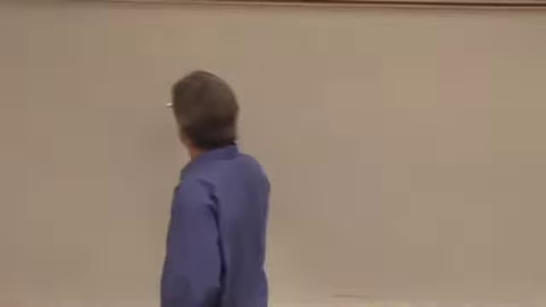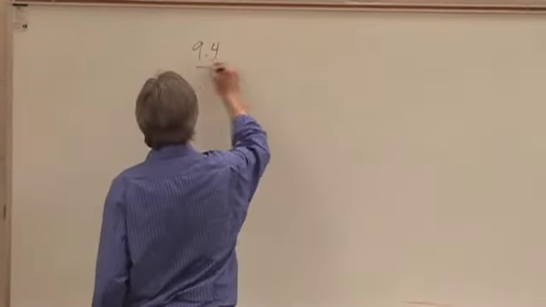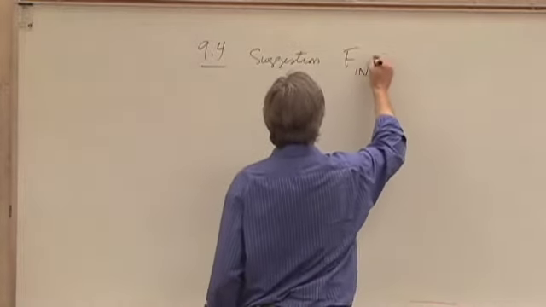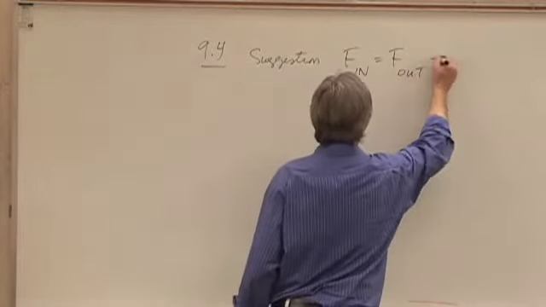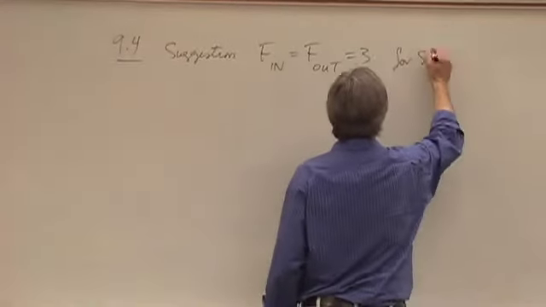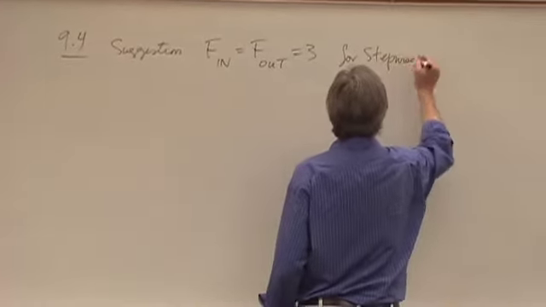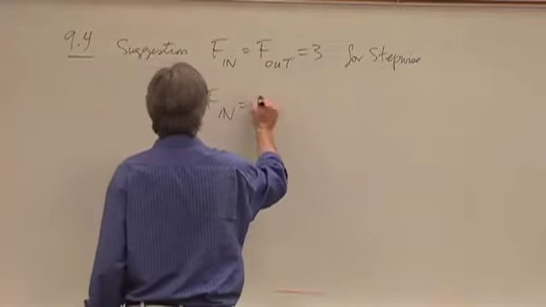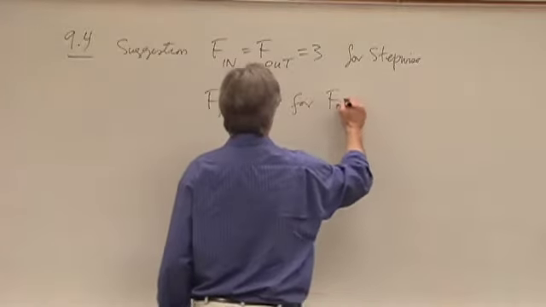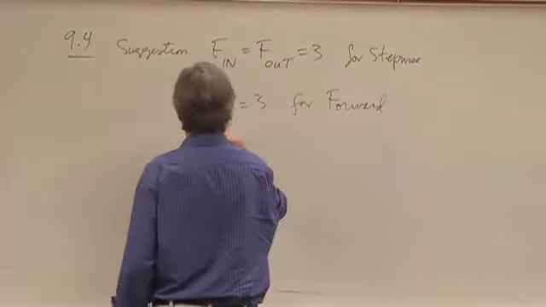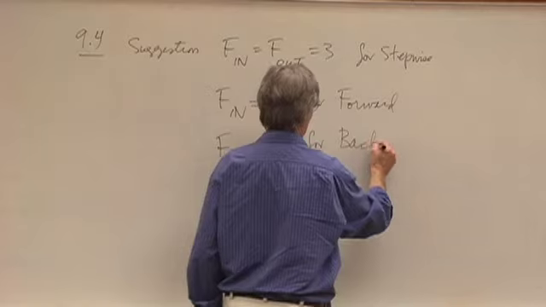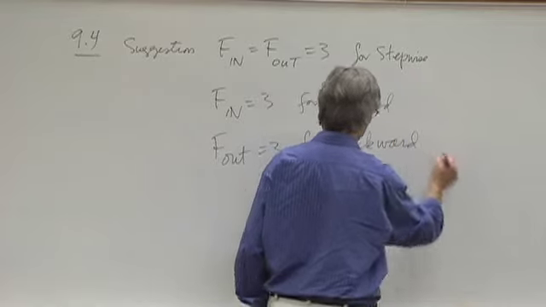It was C, right? Yeah. So for the 9.4 suggestion, instead of just using 3 as they recommend, they had F of 0.05 and then your N minus something. You need an F in and an F out for stepwise.